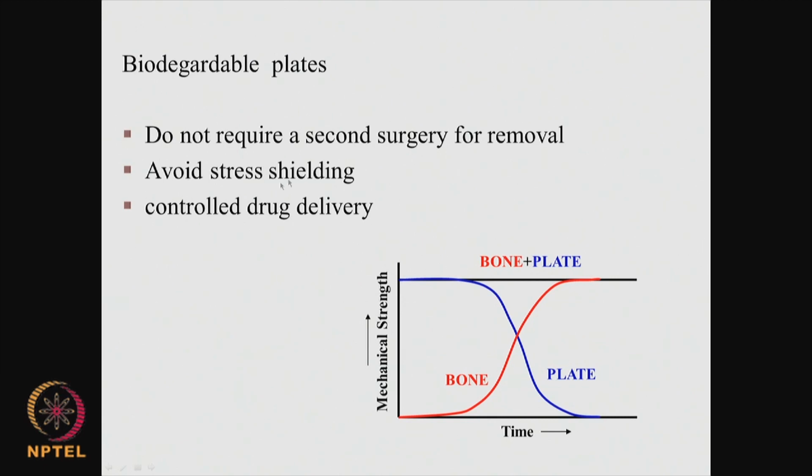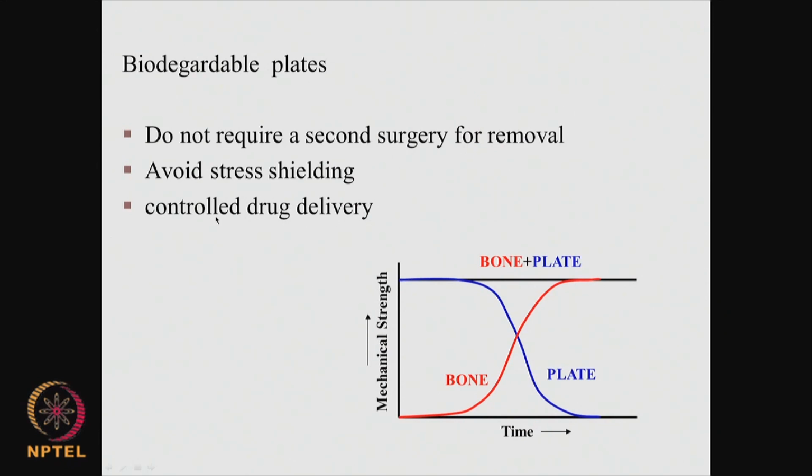We can also avoid stress shielding if the stainless steel material is not there, because there will be only one material, that is the bone, instead of bone made up of hydroxyapatite and stainless steel. We can also have a controlled drug delivery. So if we have a polymeric material which may degrade over a period of time, which can be coated with drug, the drug gets released slowly, so it prevents biofilm formation and infection.